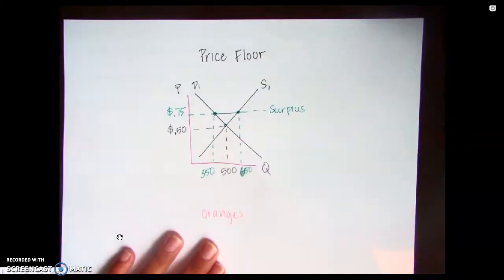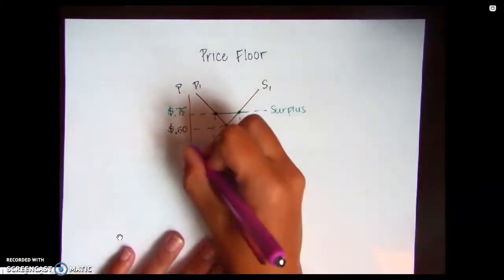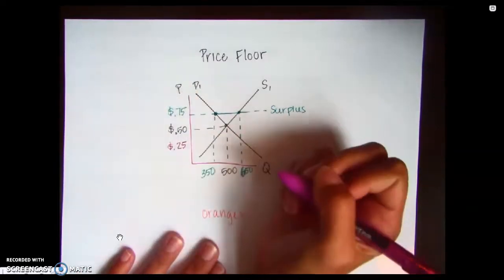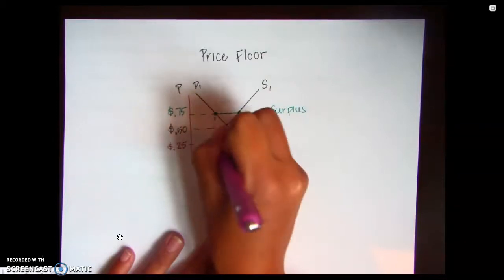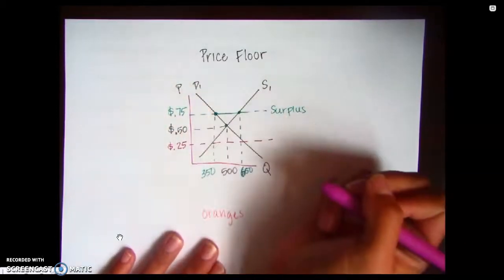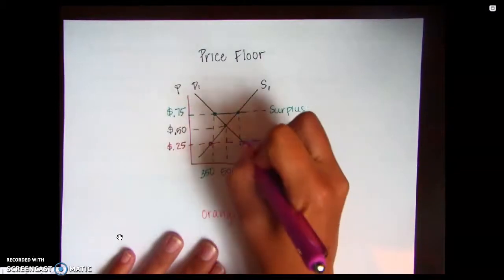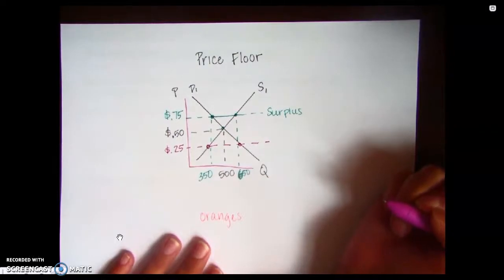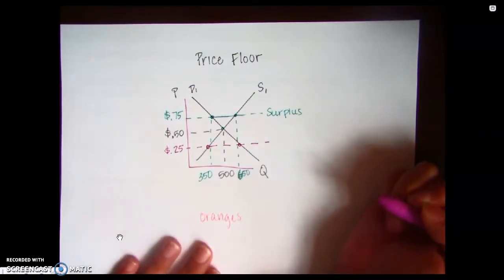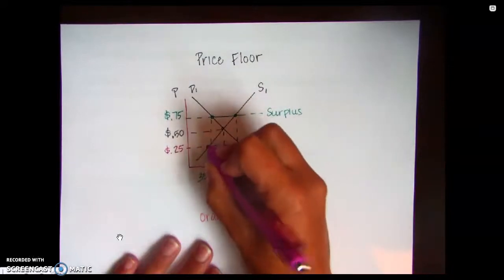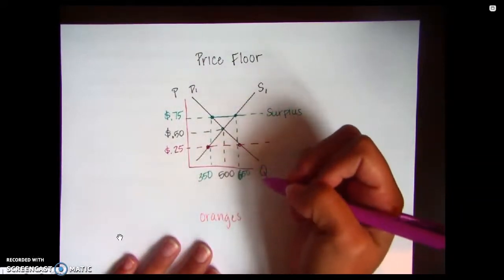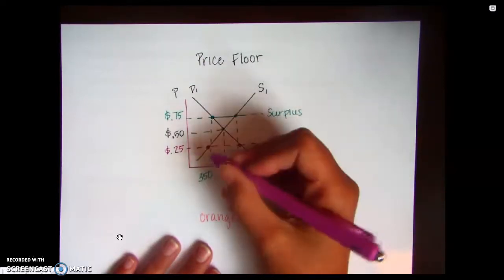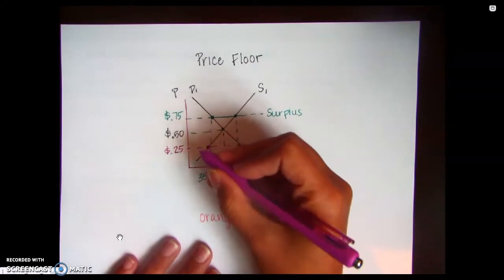Okay? Now, if the government says, hey, we're setting a price floor for 25 cents. Every orange sold has to be more than 25 cents. Okay, so we're here and we're here. If these producers decide to go with that and are like, yeah, we'll charge 25 cents per orange, they don't really have the incentive to provide any more because they're losing money now from going from 50 cents to 25 cents.